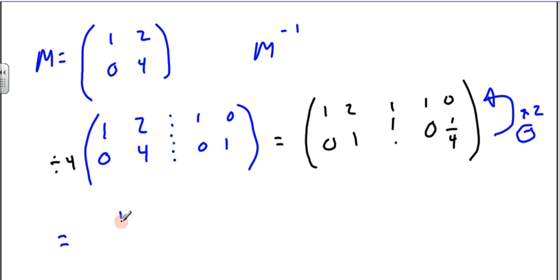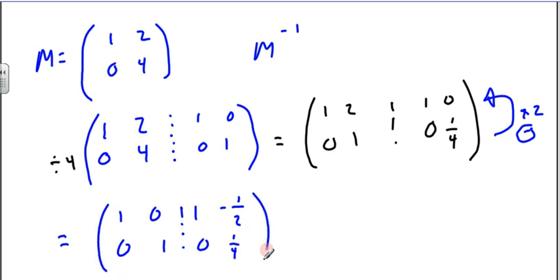So I'm going to have 1, 0, 1, and then I multiply by 2, it's a half, so minus 1/2, 0, 1, 0, 1/4. And now I know that the inverse matrix of 1, 2, 0, 4 is going to be 1, minus 1/2, 0, 1/4.